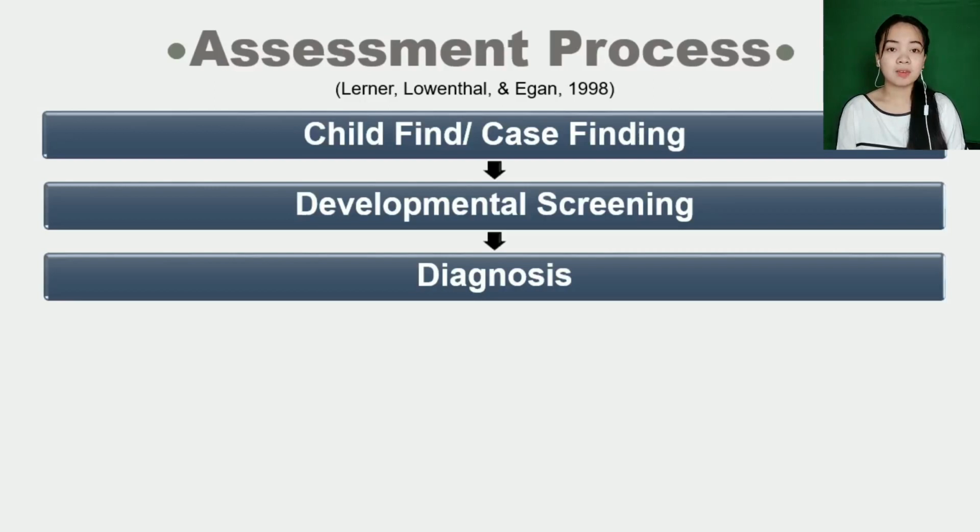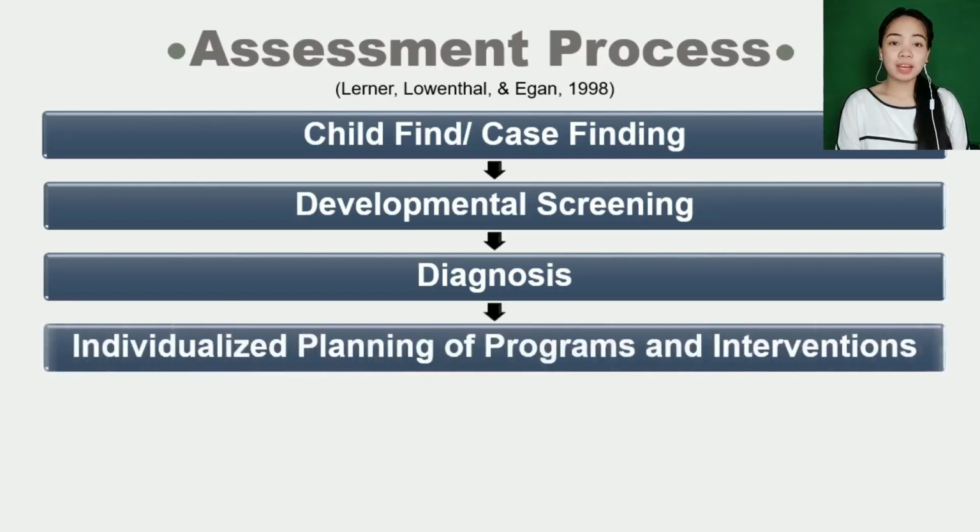Individual planning of programs and intervention is the next stage, done if the diagnosis indicates there is a need for early intervention. This stage involves assessment for the planning of programs and interventions. To closely link this stage of assessment to the actual curricula of the child's early intervention program, curriculum-based or criterion-referenced instruments and procedures are used.